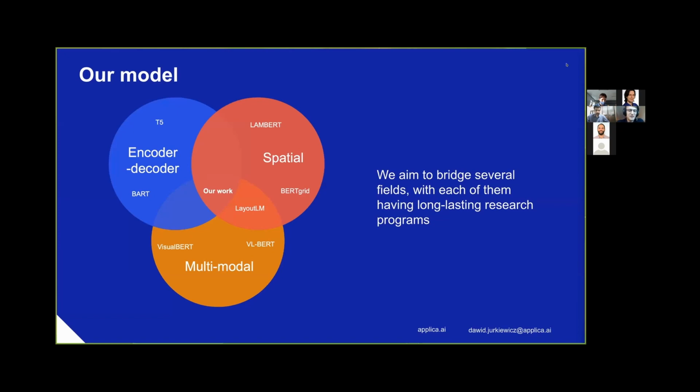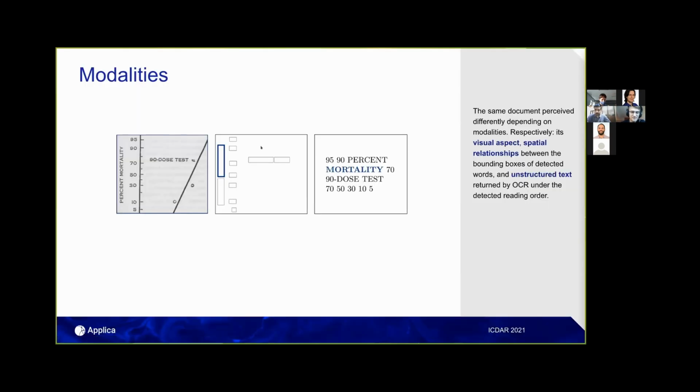Okay, let's now have a look at our TILT model. Our work draws from encoder-decoder models, multimodal transformers, and models for text that are able to comprehend spatial relationships between words. Solving difficult tasks like Infographic VQA, where the relative positioning of the text and visual elements matters, would be hard with a vanilla sequential model operating only on text.